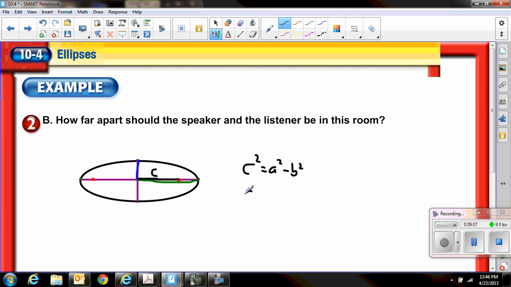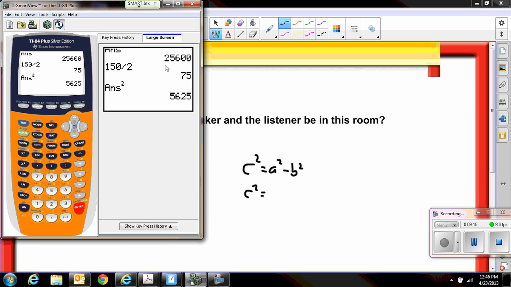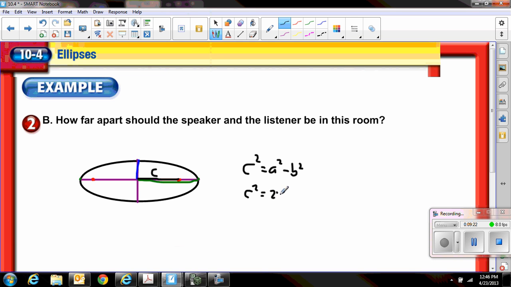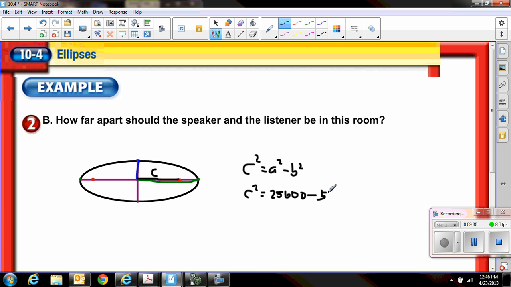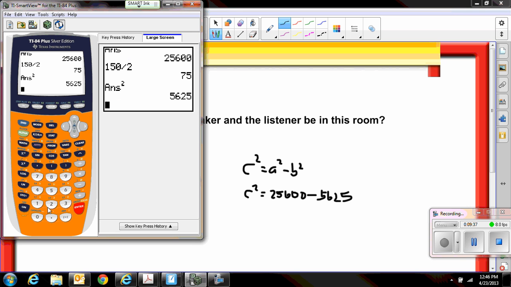Now, I've already done all the work for this. A squared I found earlier, and so did b squared. So let me bring my calculator up. It looks like a squared is 25,600, and b squared was 5,625. So we have 25,600 minus 5,625, and I can find that difference by subtracting.